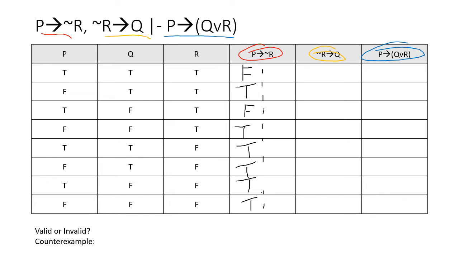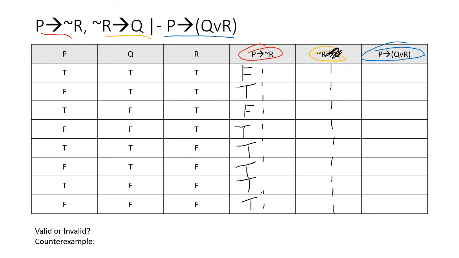Now here, for this next premise, again, we've got a tilde and we've got an arrow. The tilde is only governing the R, so we know that we've got to do the tilde first. Now, if it were written like this, the tilde would be outside the parentheses. That would make it the main operator, and we would have to do the arrow first. But since there are no parentheses, the tilde is just operating on the R. So let's drop down some lines.